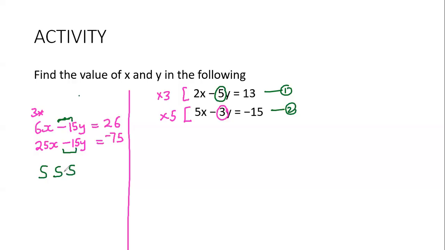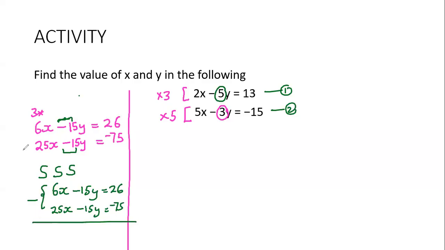So I write again: 6x minus 15y equals 26, then 25x minus 15y equals negative 75. We subtract the two equations.